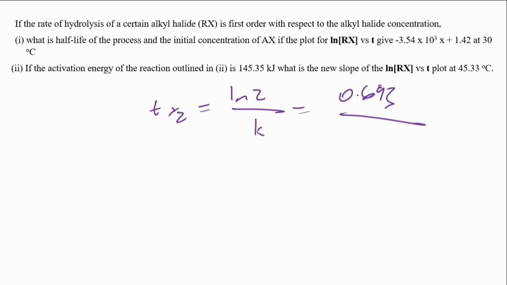We know the value of k: minus k is equal to minus 3.54 times 10 to the 3, which simply means that k is equal to 3.54 times 10 to the 3. Once I do that, I can get the half-life, which would be the answer to part of the question.